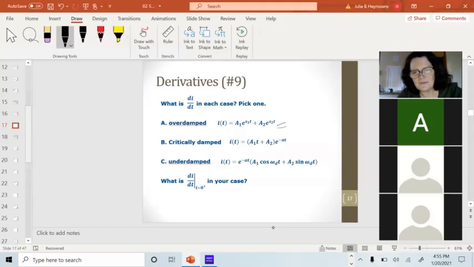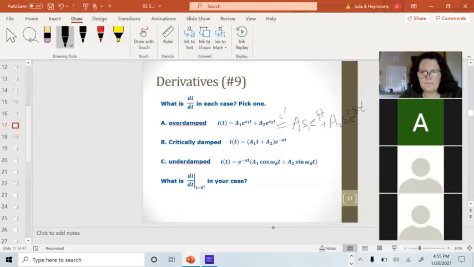If I take the derivative of this equation, I prime, what I get is A1 S1 e to the S1T plus A2 S2 e to the S2T. Now, that's the derivative here.